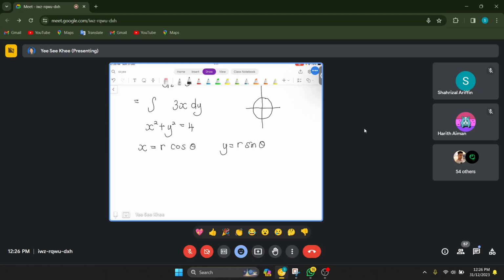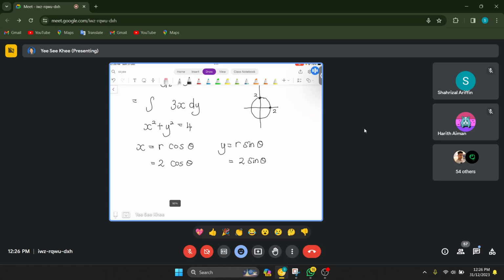This time I want to switch it to d theta. I put r equals 2 because it's a fixed value. So x is 2 cos theta, and y is 2 sine theta.